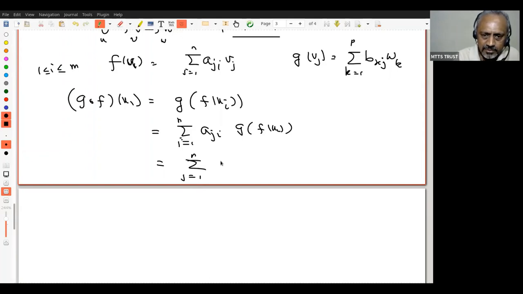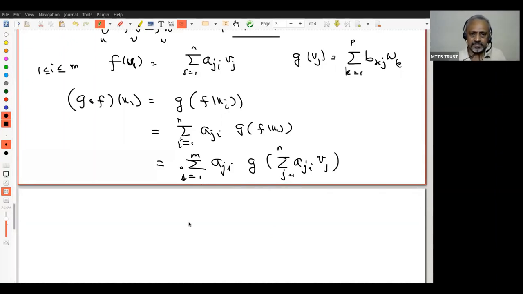Beginning students may have problems. See, already I made a mistake. This i equal to 1 to m, this is j equal to 1 to n.